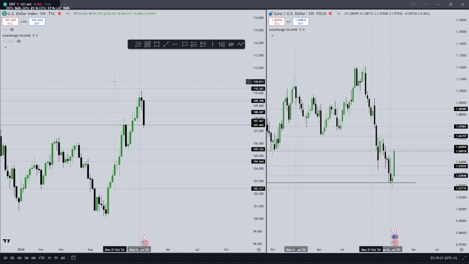So you can see we overall predicted the high using these levels right here, and the low right here for the euro: the high of the week was last week's high, and the low of the week was last week's low. Now let me show you the clip where we anticipated this happening.